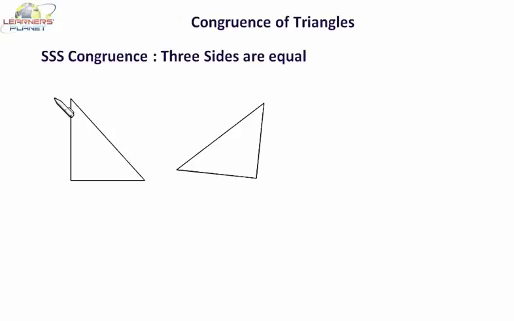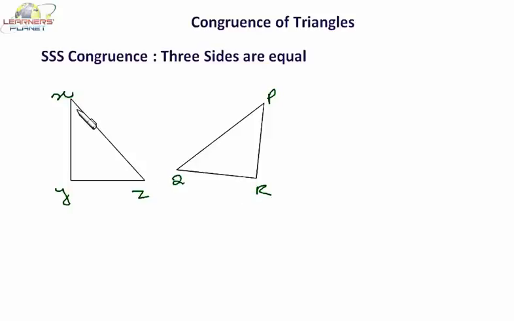We see a triangle over here. Suppose it is X, Y, Z, and it is P, Q, R. Now 2 triangles are congruent if the 3 sides of one triangle are equal to the 3 sides of the other triangle.